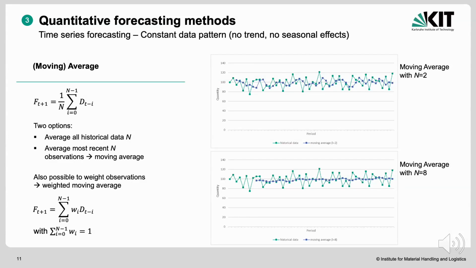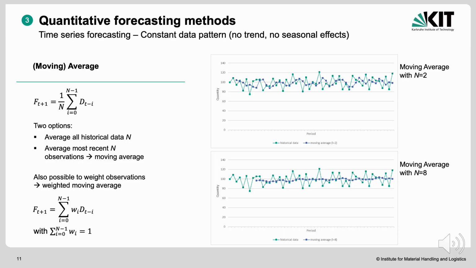We can also just take all historical data, then we don't have a moving average, we just have an average. And if we, like in the lower example, have a moving average over n equals 8 periods, we would look at the 8 past periods and we'll see that the forecast is fluctuating much less than the actual data.